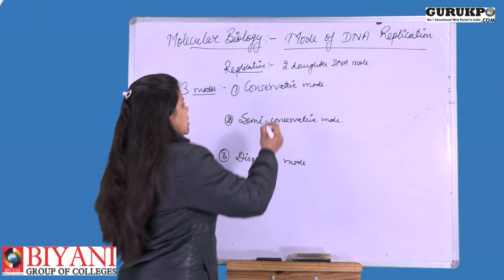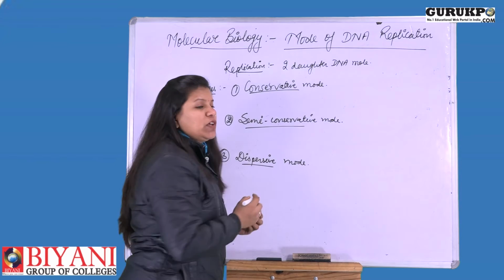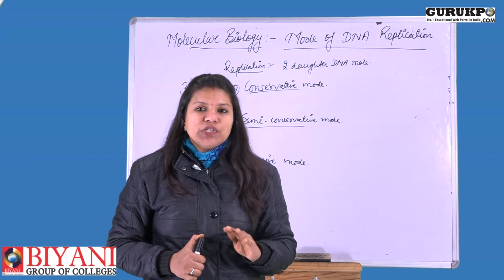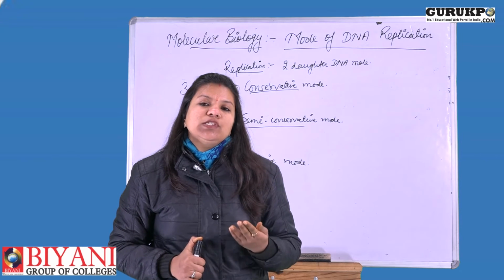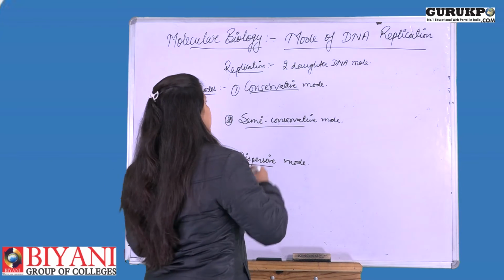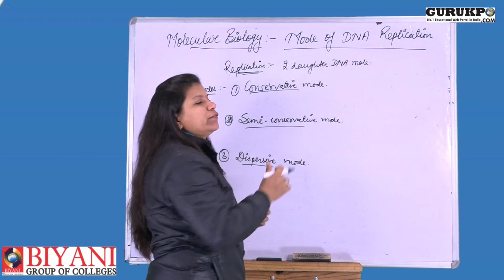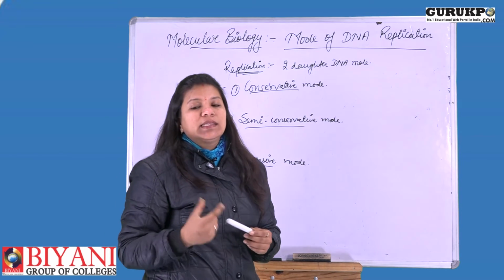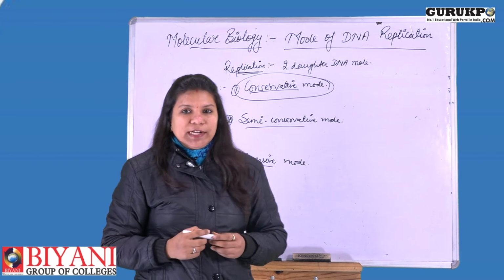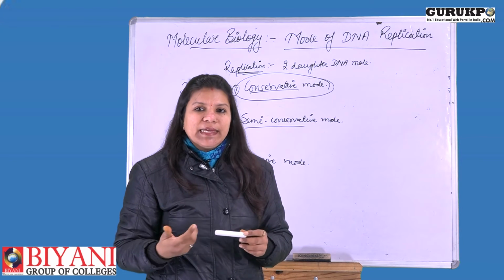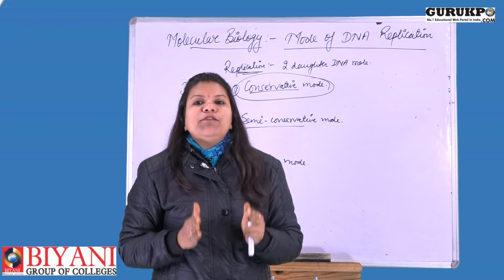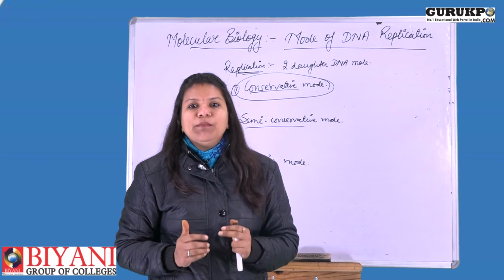What do these terms signify? As we all know, during the replication process we need a template strand on which the newly synthesized daughter DNA is being formed, right? So in order to get that template, the conservative theory states that whenever the DNA replicates using the conservative mode, there is the complete formation of a new daughter DNA molecule.